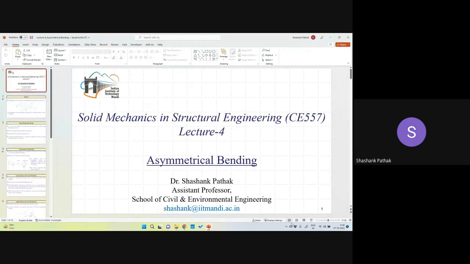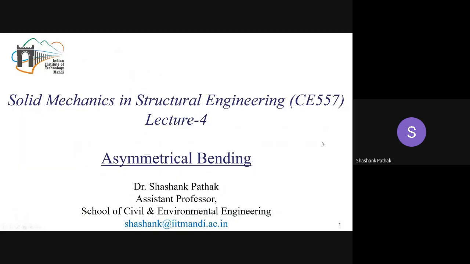Till now you have studied the cases of symmetrical bending of beams. But now we are going to study the asymmetrical bending of beams. When we talk about asymmetrical bending, it means there will be some kind of twisting.